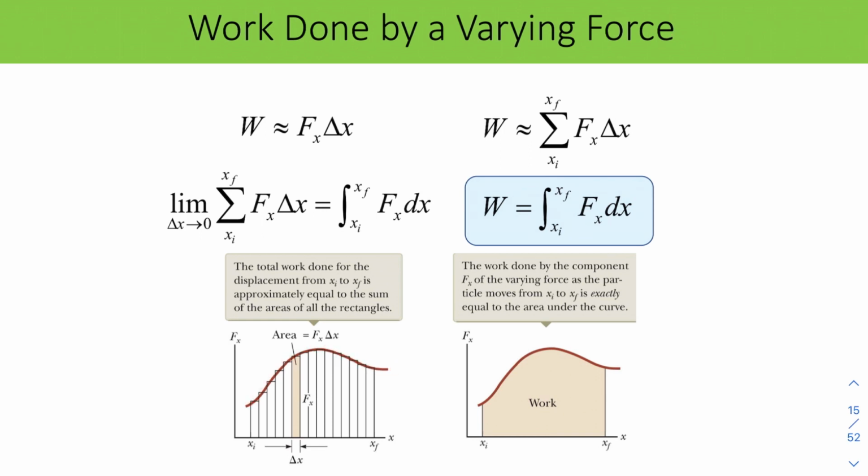It's not a constant value. So we are not going to apply the formula of F delta X directly. It cannot be done here because our F right now is a varying force, not a constant, so you cannot use this formula anymore.